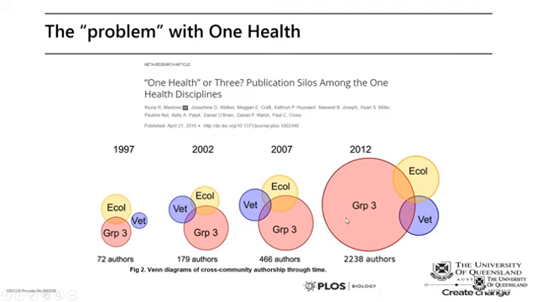The number of publications in One Health in this third grouping is expanding rapidly, and this group is inherently interdisciplinary because they are working in interdisciplinary fields of public health.